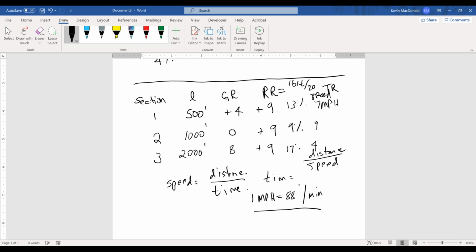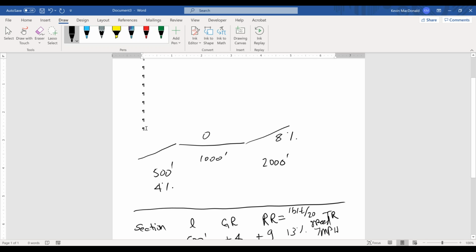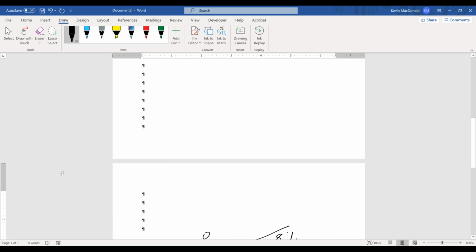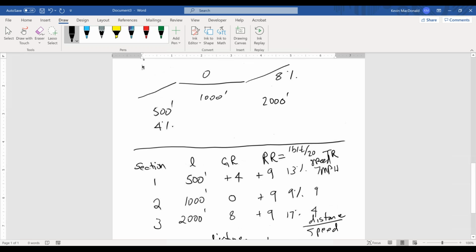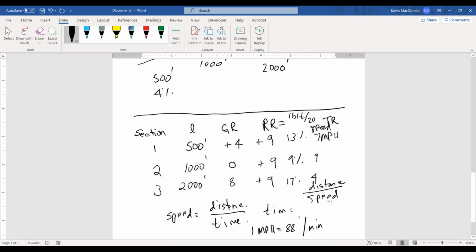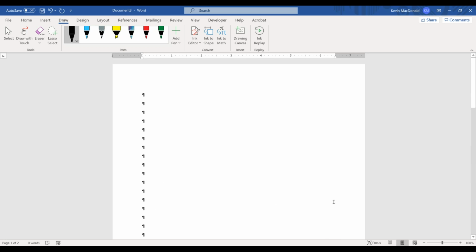We know both of those, then we can go on from there and we can calculate where we're going. So in section 1, we're going 7 miles an hour. Section 2, we're going 9. Section 3, we're going 4.